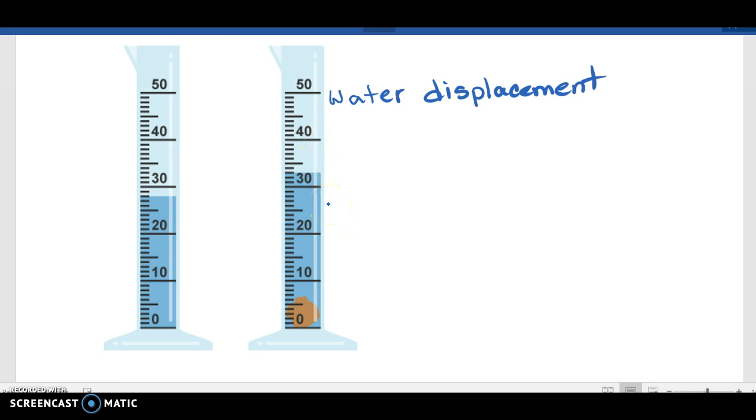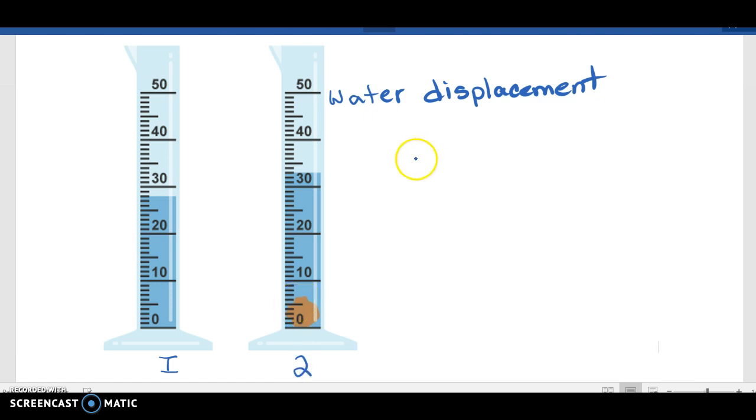The first thing that we need to do is start with some water in a graduated cylinder. It doesn't need to be to any particular point, but I will just call this the initial graduated cylinder, which will be the first one, and then this will be our second one with the object actually in it.